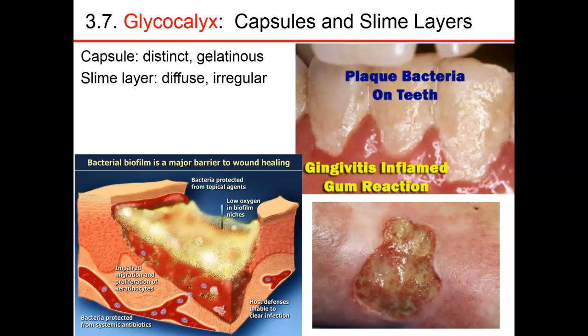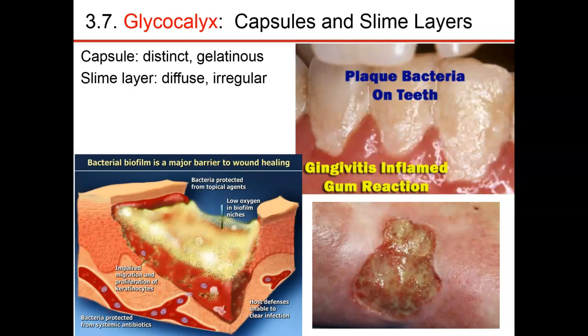Say you're replacing a hip, or you're putting a pacemaker in, or even something as simple as a catheter could potentially have a biofilm on it, and that can cause a lot of damage to the patient. So biofilms are very important medically, but they are naturally occurring in the environment.